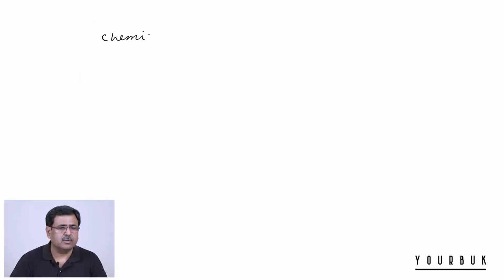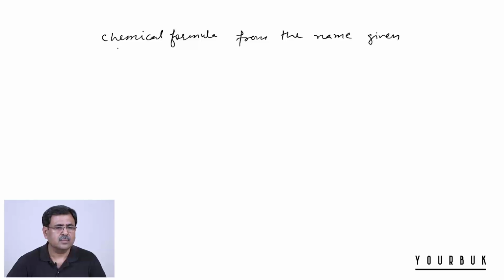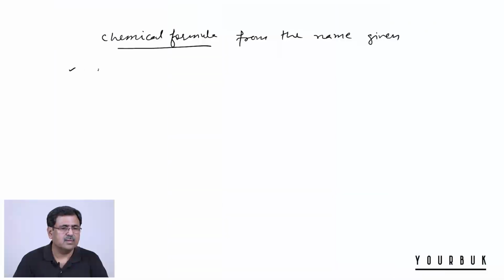So now, the chemical formula from the name given. When you write the chemical formula, you first write the cationic part.